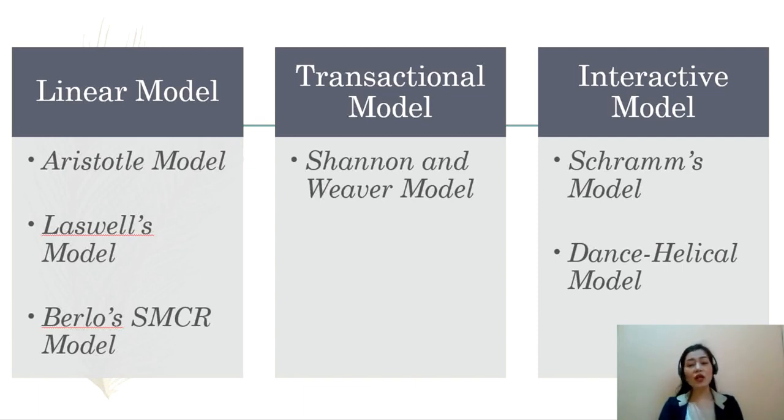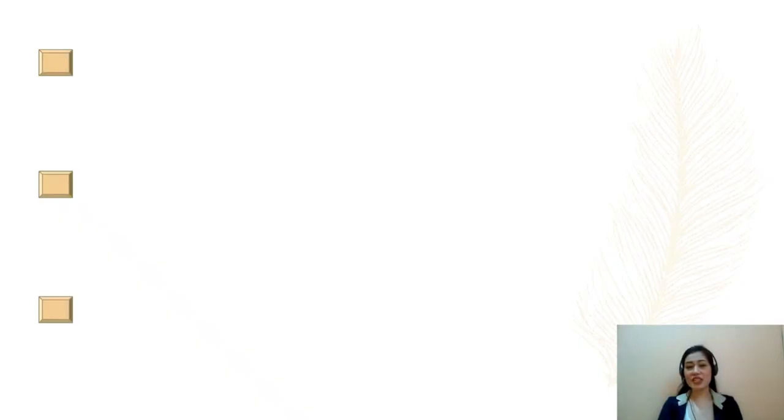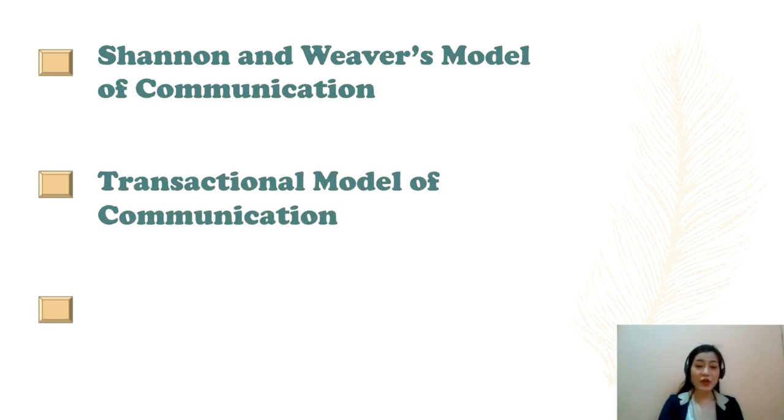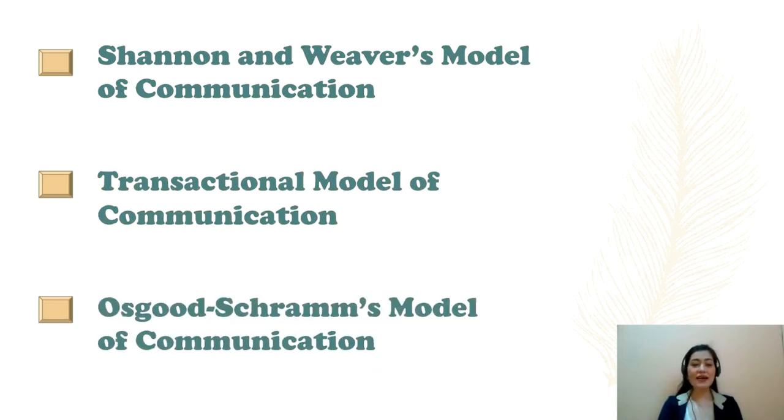But we are only going to discuss the three basic and common communication models, such as Shannon and Weaver's model of communication, transactional model of communication, lastly, Osgood-Schramm's model of communication.